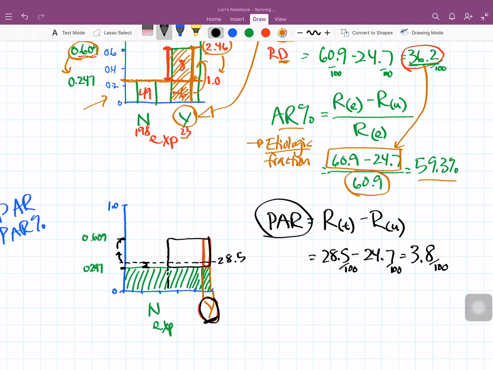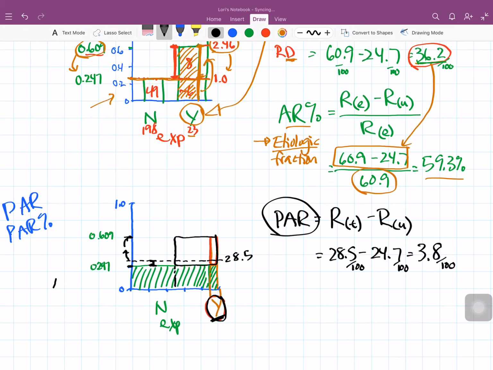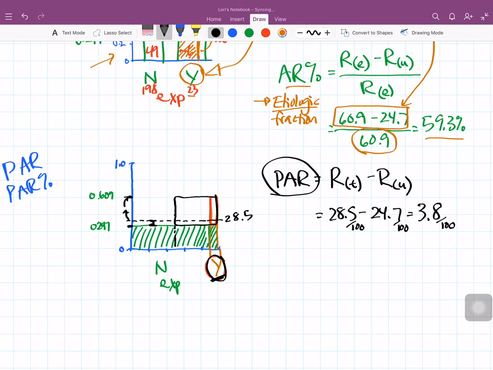I hope this is going to be an easy corollary then. If I take population attributable risk and I want population attributable risk percent, this would be equal to the risk in the total minus the risk in the unexposed divided by the risk in the total.